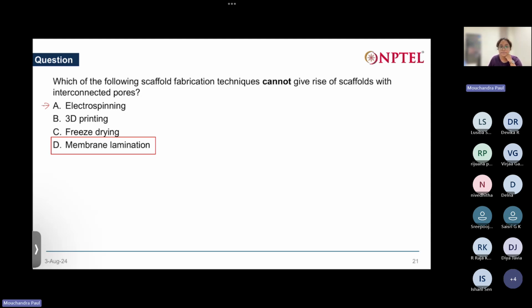Let me explain why. So, electrospinning, as I told you, you deposit fibers. Now, if you try to see these fibers individually with naked eyes, you won't be able to. You need an electron microscope in order to see those fibers individually. So, the outcome of electrospinning is a mat of fibers. You can create a multi-layered mat, means multiple layers of fibers are deposited on top of one another, or you can create a single layer, depending on how you optimize your method.